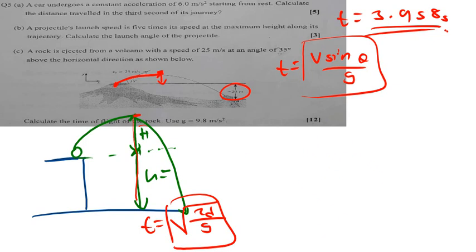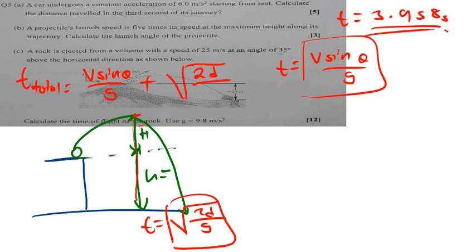So meaning the total time, to find the total time, this is the formula you have to use. You say the total time will be given by v sine theta divided by g plus the root of 2d divided by g, in this case the d we are talking about here is the maximum height from this point all the way to that point.